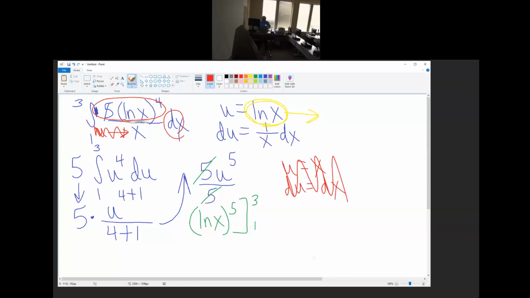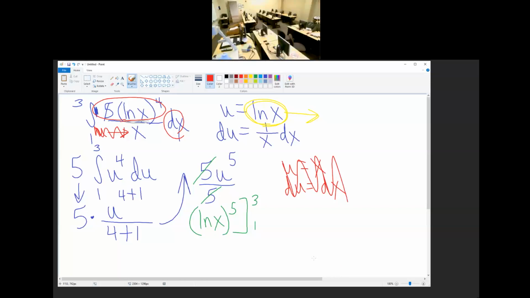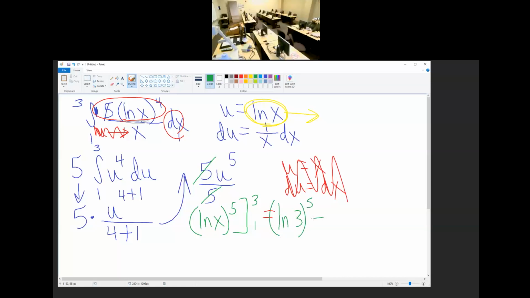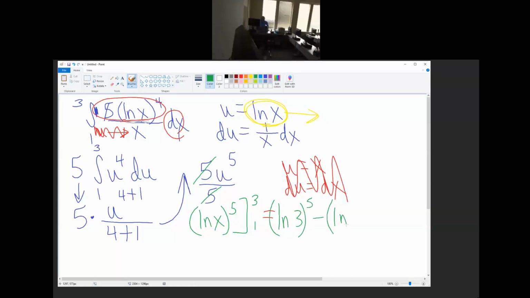All right, plugging in our limits of integration. We have natural log of 3 to the 5th power minus natural log of 1 to the 5th power.